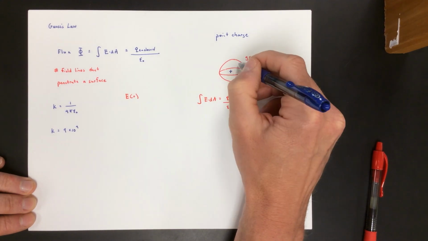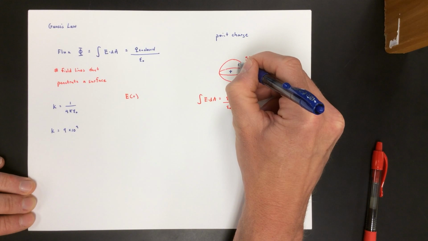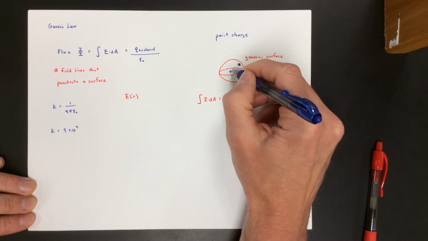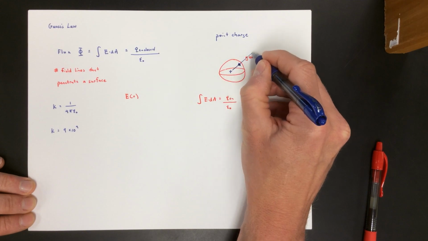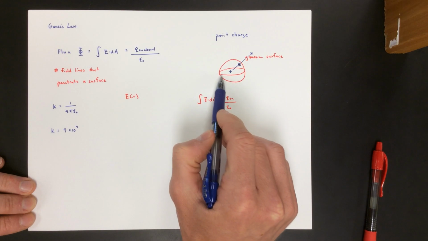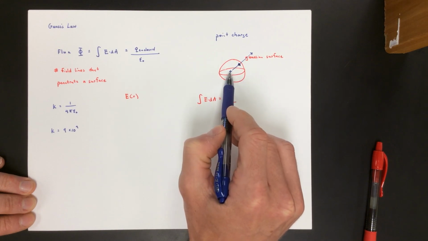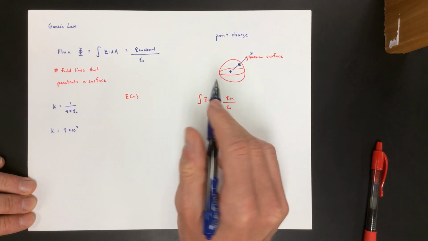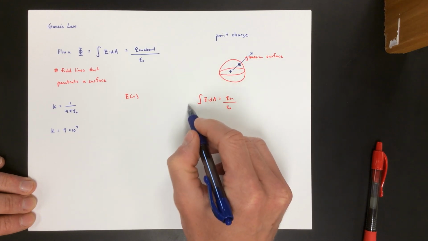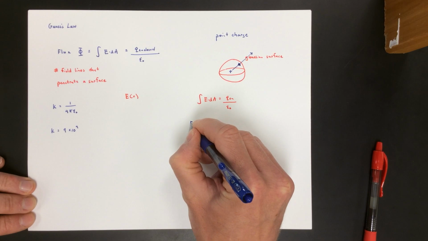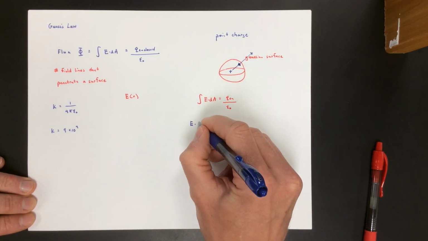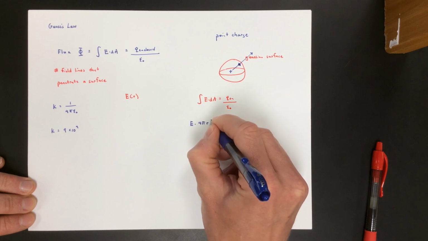All these little bitty dAs, that little spot of area on the Gaussian sphere, have some flux going through them. Since my sphere is symmetrically placed around this charge, the E field is the exact same value everywhere on that red sphere. So the E field can come out of the integral. The integral of dA is just the area of my Gaussian sphere, which is 4 pi r squared.